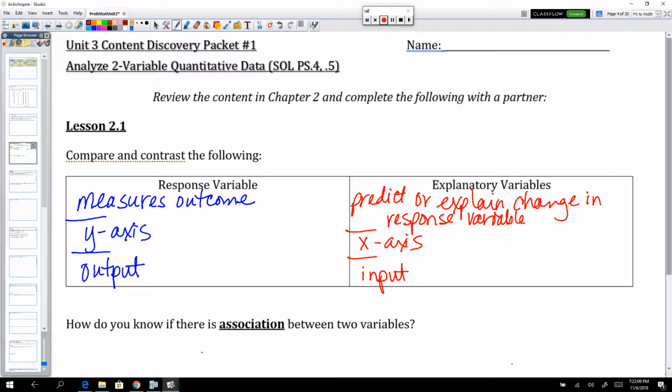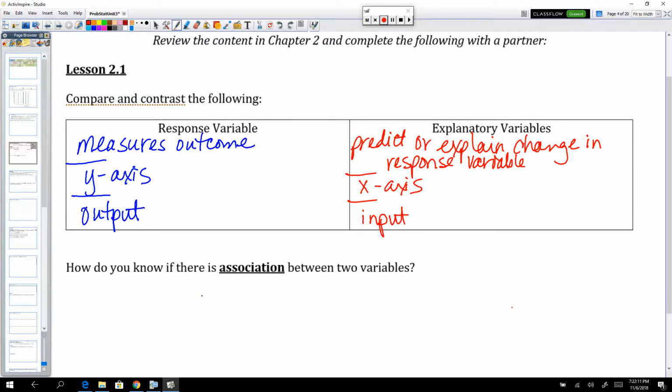Alright, so let's take a look at another vocabulary word here. How do you know if there is association between 2 variables? If you were in class before this lesson was given, we did a little exercise where you saw how good a dinner partner you and your partner would be, how much your likes and dislikes of foods lined up, and you'd see if there was an association between your likes or not.